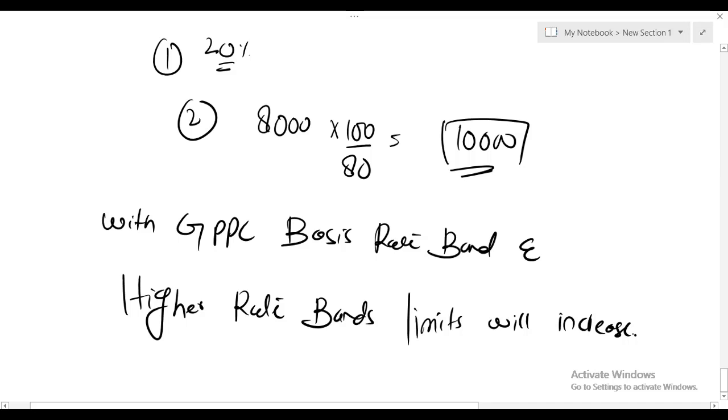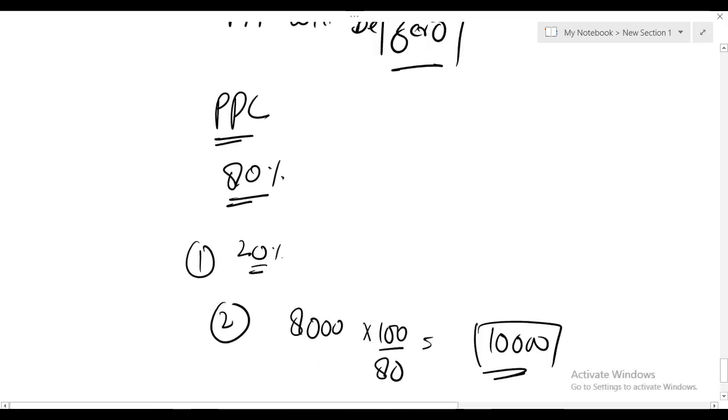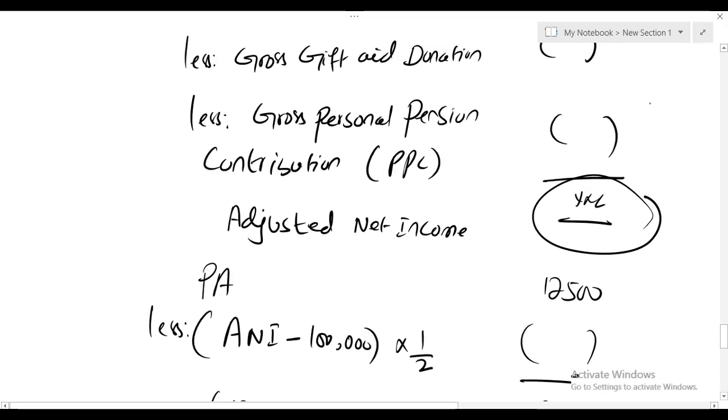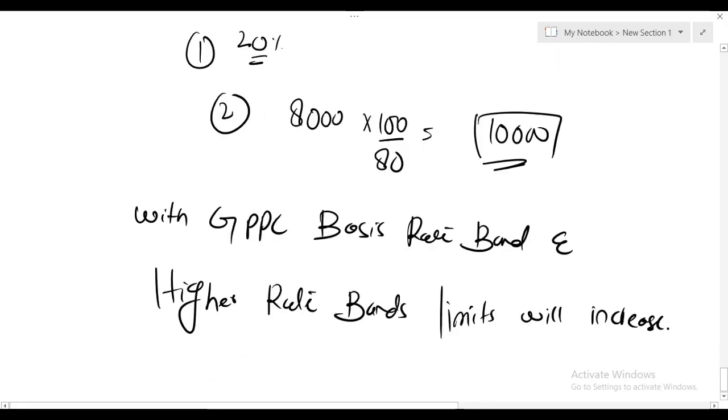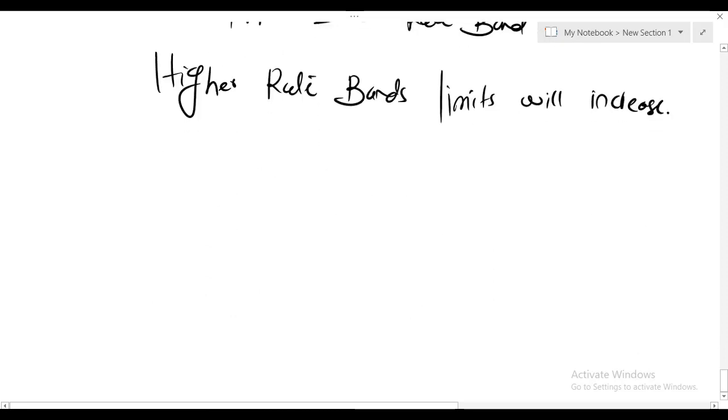If somebody is going to ask you, then what are the benefits of PPC? The number 1 benefit is whatever you contribute, it is 80%, 20% will be paid by HMRC. The second benefit is with gross PPC, your basic and high rate band will increase. And the third benefit is with gross PPC, your adjusted net income will reduce. And if due to gross PPC, your adjusted net income goes to 1 lakh or below 1 lakh, it means you are not wasting any personal allowance. So there are actually 3 benefits of contributing in PPC.